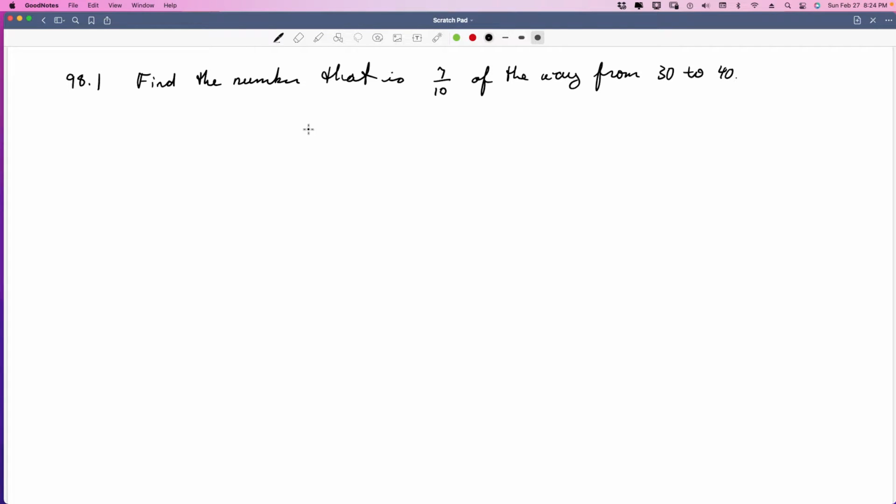You have 30 here, right? And you have 40 here. So 7/10 of the way, what we're talking about is going to be range. So what we're looking for is the range of the numbers in between here. So the first thing we're going to do is subtract.